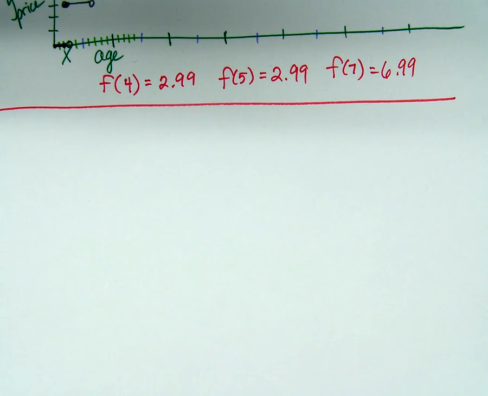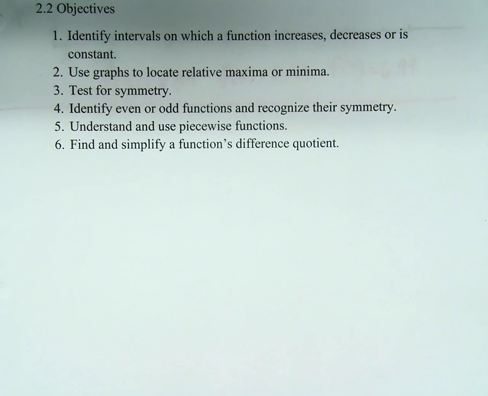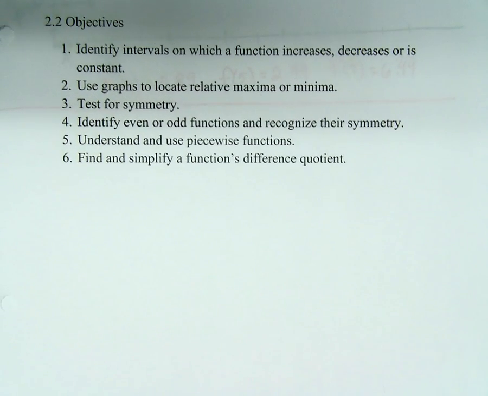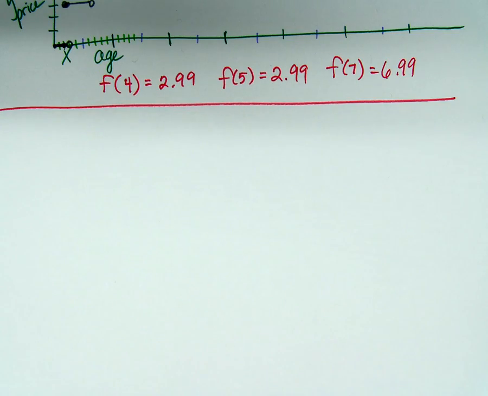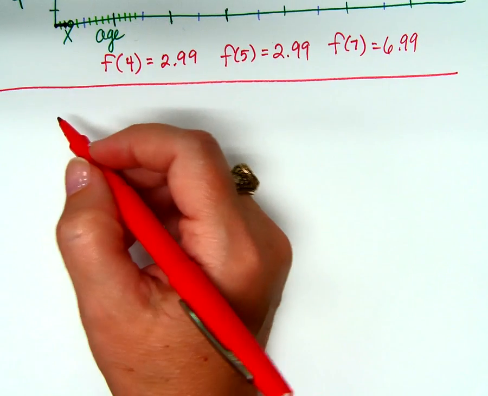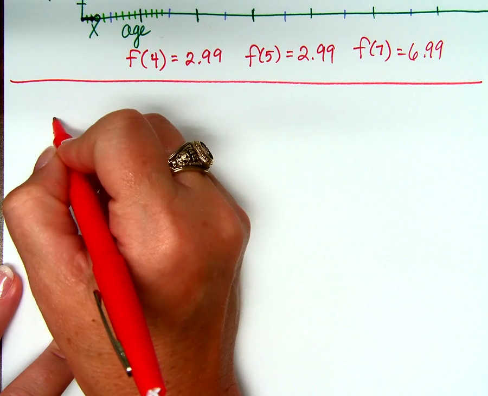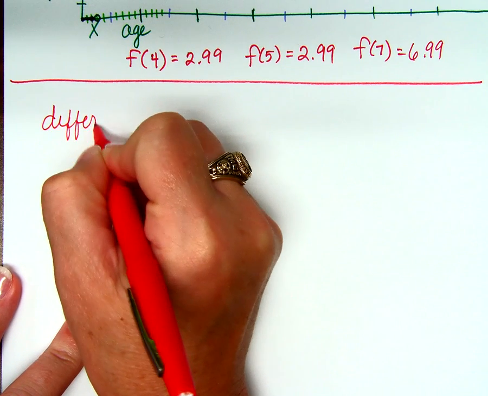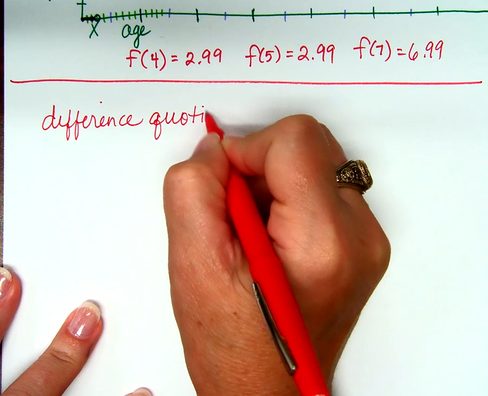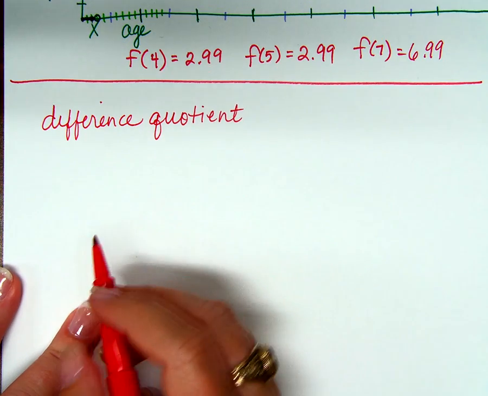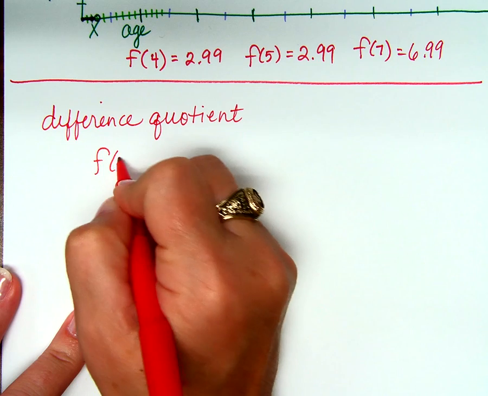The last thing you have to be able to do for this section is find and simplify a function's difference quotient. So you need to know what a difference quotient is first of all. The difference quotient looks like this.